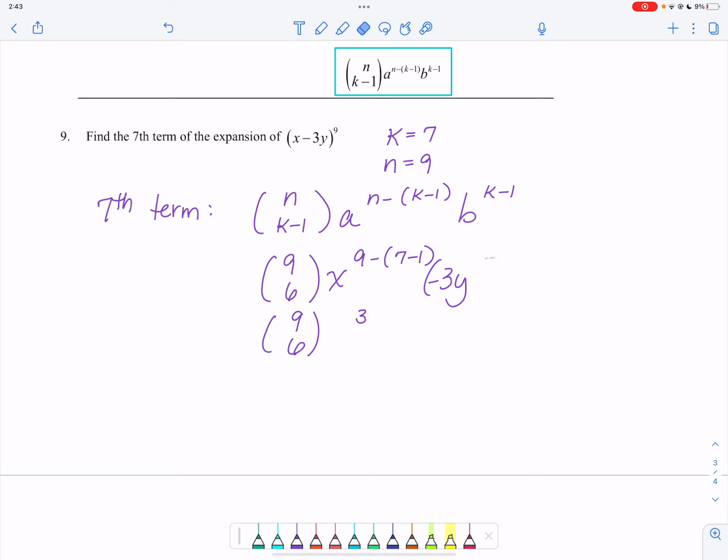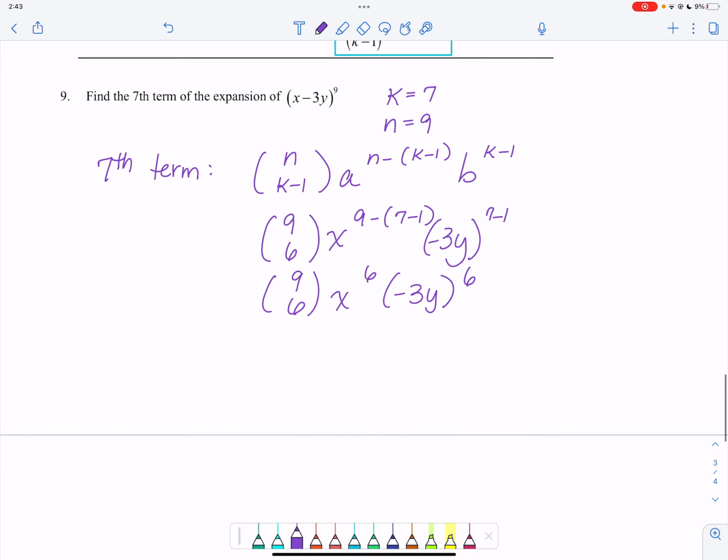I was trying to write the formula, and then of course that would be to the k minus 1, so that would be to the 7 minus 1 power. So now we have x to the 3rd power and negative 3y to the 6th power. Whoops, that's 3. 9 minus 6 is 3.